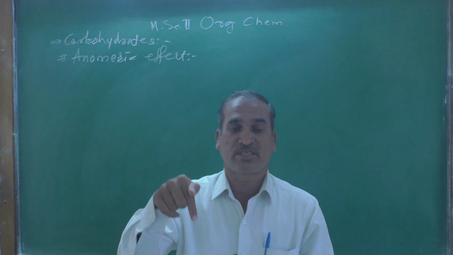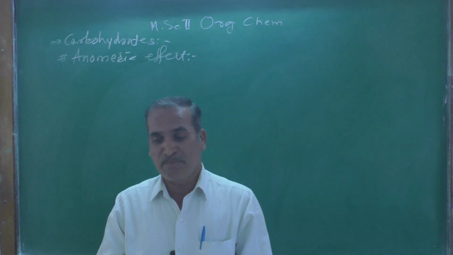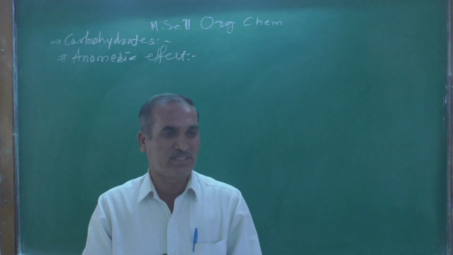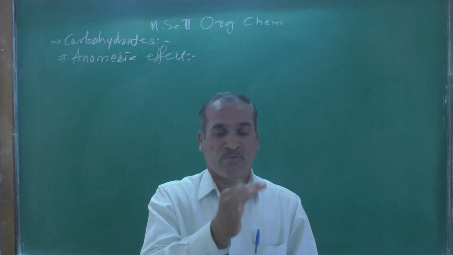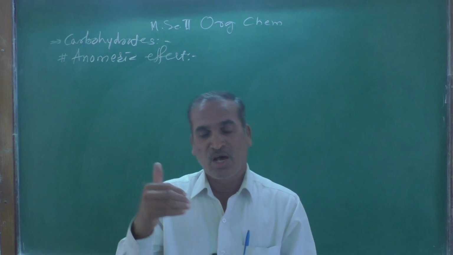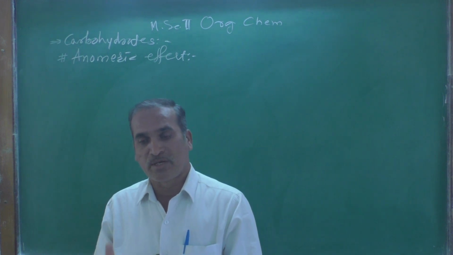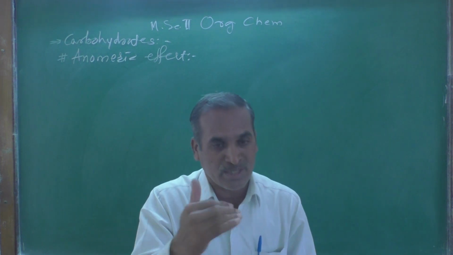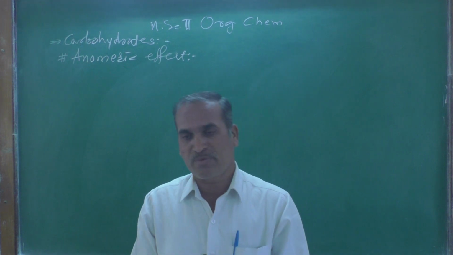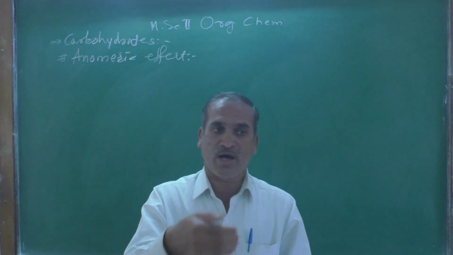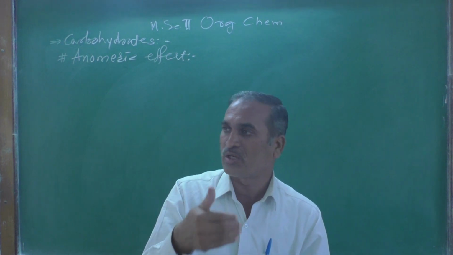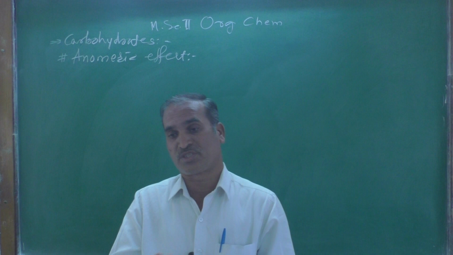For the time being, I am explaining why the alpha form is more stable or the beta form is more stable, and what could be the reason behind it. Suppose the alpha form, the alpha anomer, is more stable.